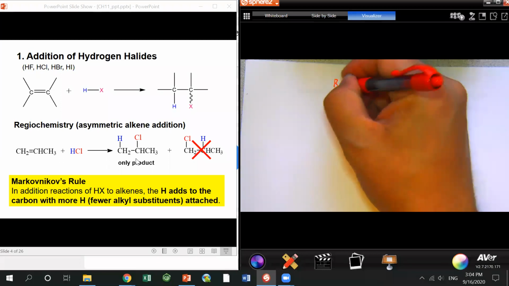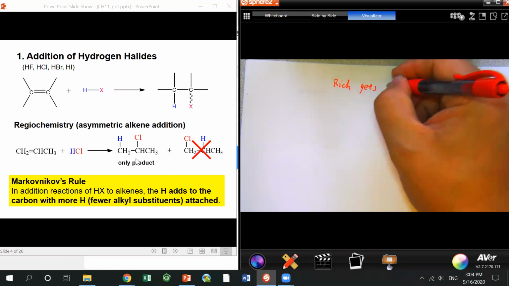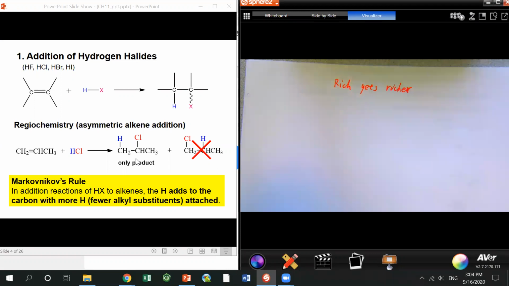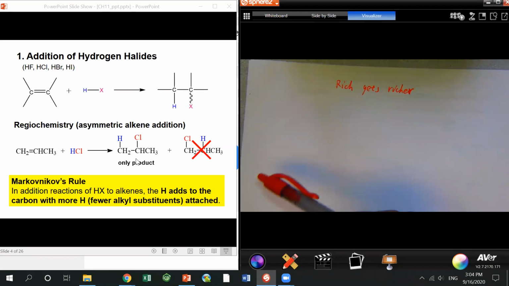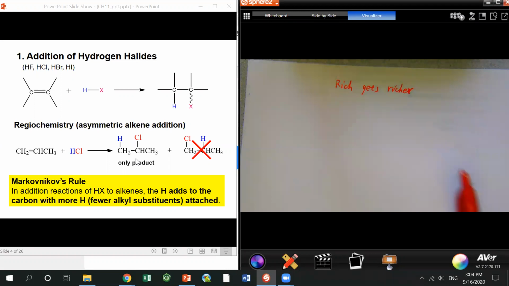If you're rich in hydrogens, you get more hydrogens after the addition reaction, you get richer.